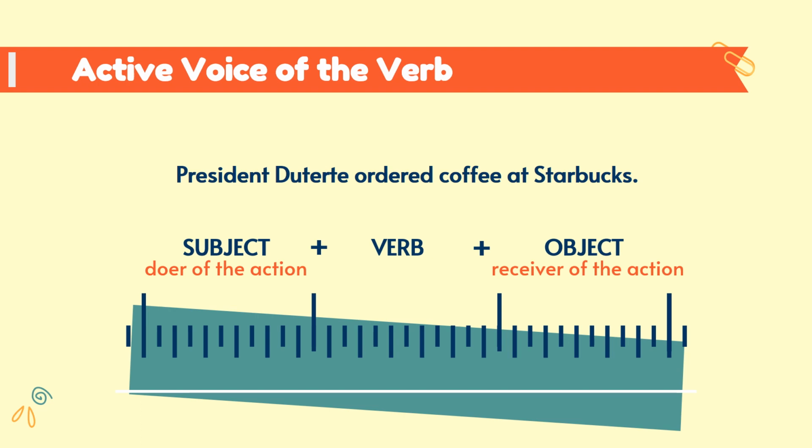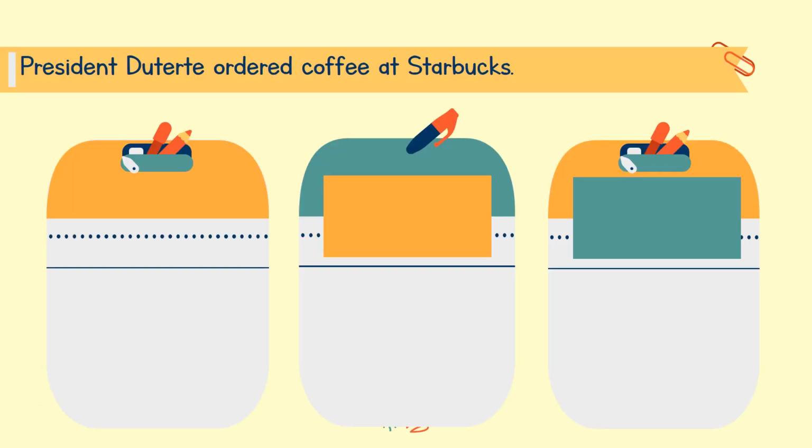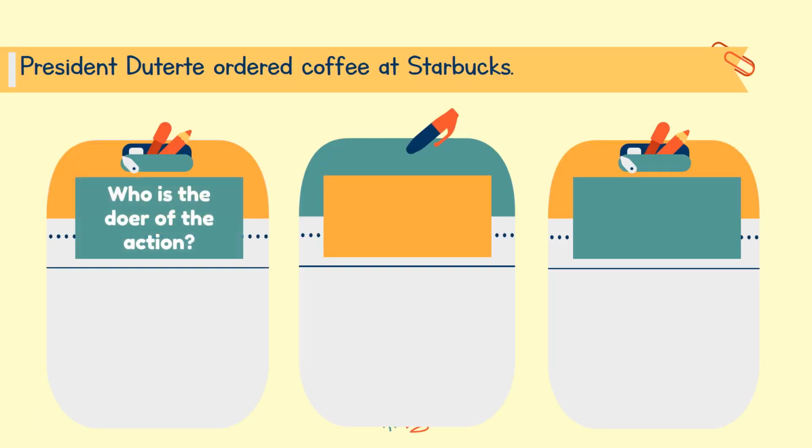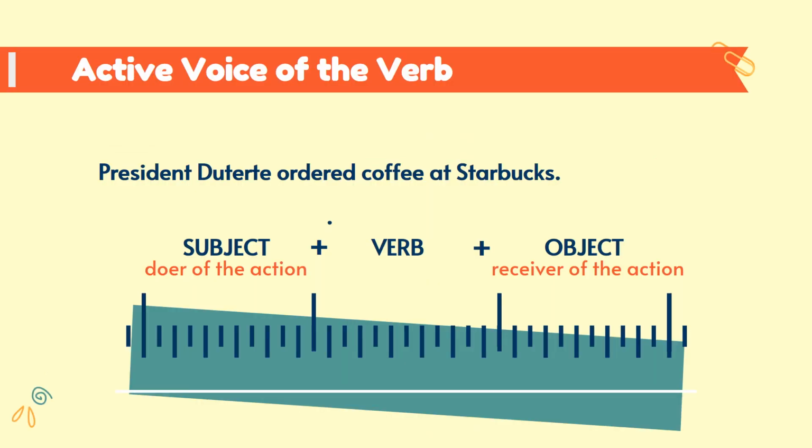Let's analyze this sentence by answering the following questions. Who is the doer of the action? It is President Duterte. Therefore, since the doer of the action in our sentence is President Duterte, he is our subject.